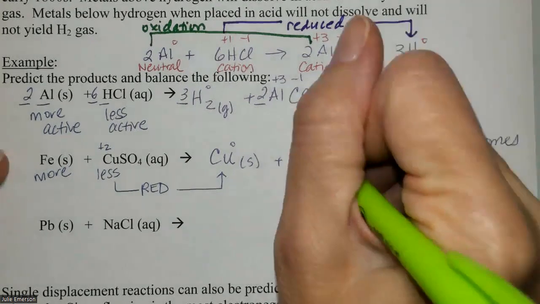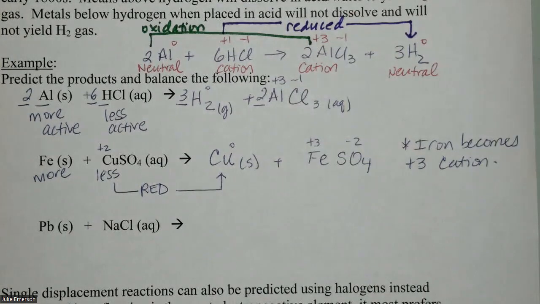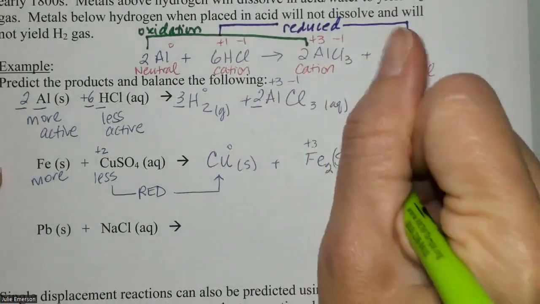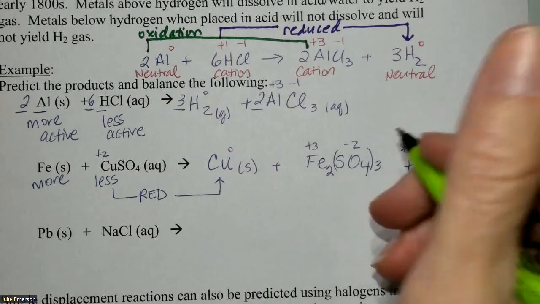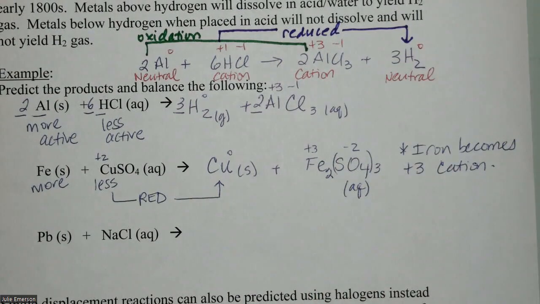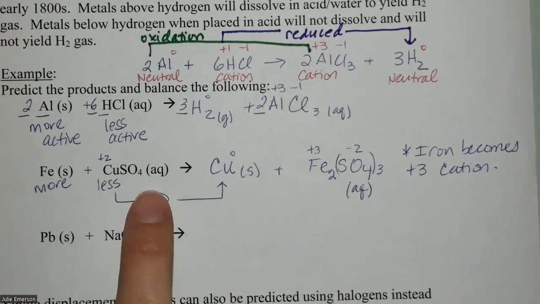So if iron becomes +3 and sulfate becomes -2, if I crisscross those, I would have to have 2 irons and 3 sulfates to get +6 and -6, respectively. Technically it could be a precipitate, it's just very unlikely, because usually what would form a precipitate would start out as a precipitate.